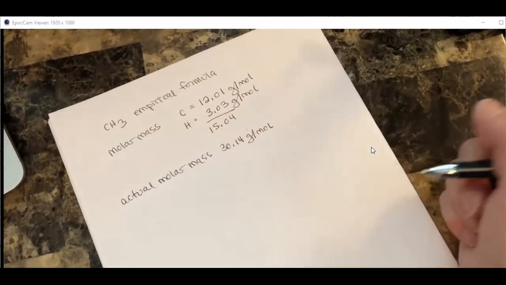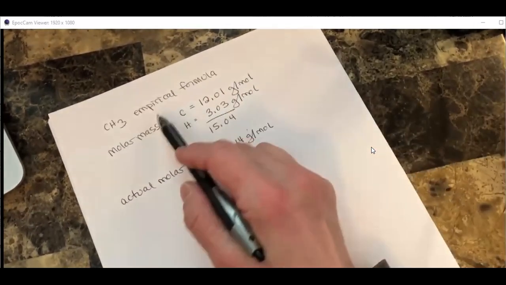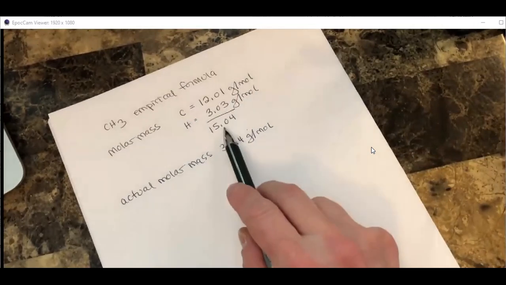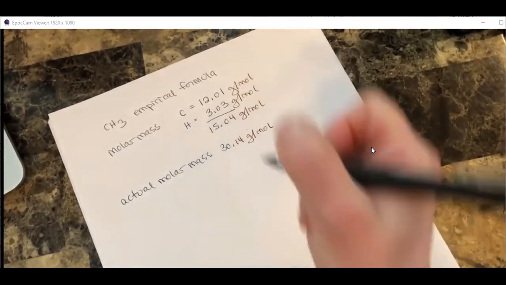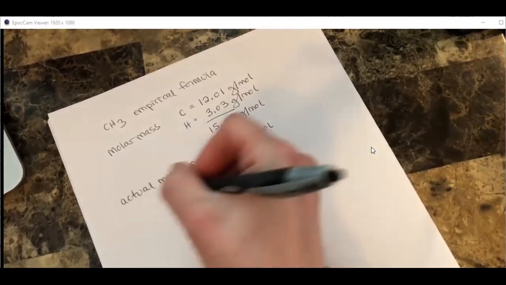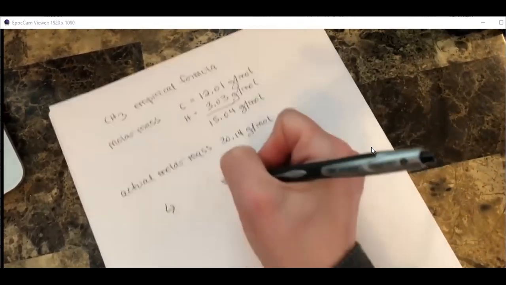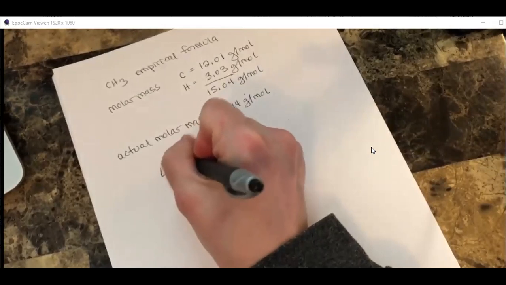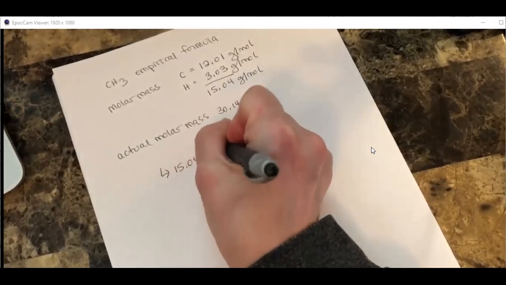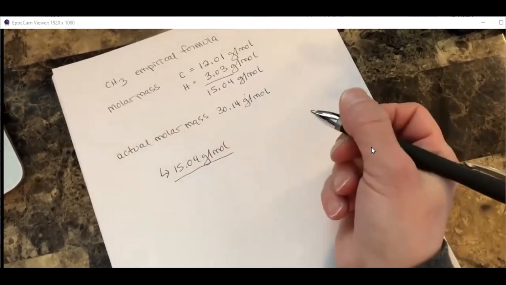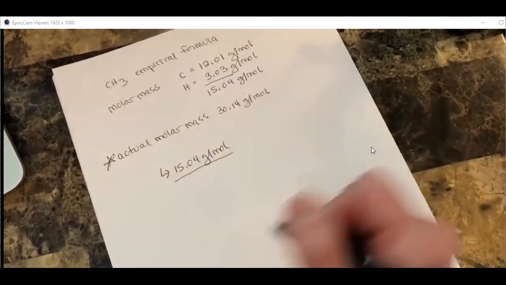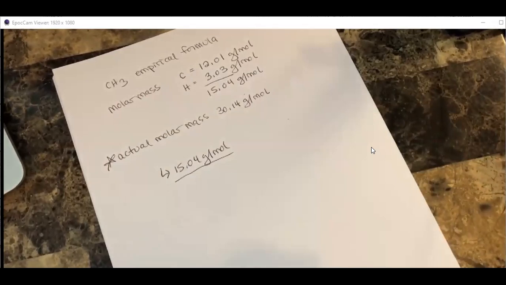Okay. So all you're going to be doing to get the molecular formula is take the molar mass from the empirical formula and put it down here. So we're going to take 15.04 grams per mole divided by the actual molar mass that's given in the problem. You didn't know that. I'm just giving it to you now.